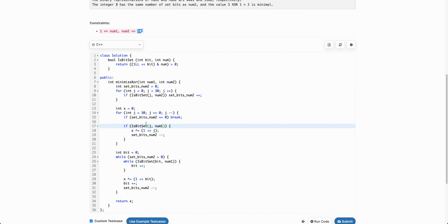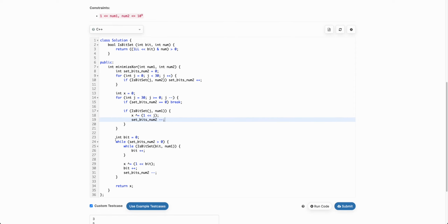Let's look at the code. The code is very simple. As discussed, we found the number of set bits, and then we iterate from left to right. And if there are no more required bits to be set, we'll just break. If there are bits to be set, we will check whether this bit is set in num1. If this bit is set in num1, we will set it in x and decrement the number of required bits to be set. Afterwards, we initialize our bit to 0, which means we'll start from the right and go toward the left.